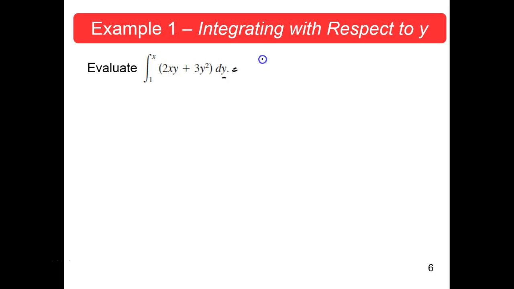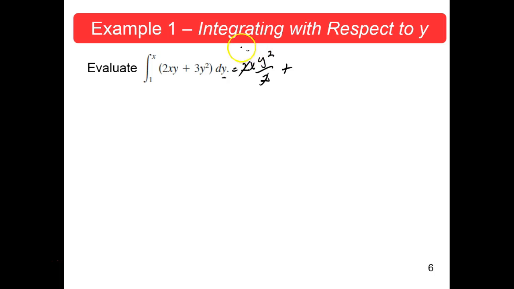So that would be y squared over 2 times 2x. See, the 2x is a constant. Leave it alone. You only integrate the y part. You see that? And then the 2's go out, right?